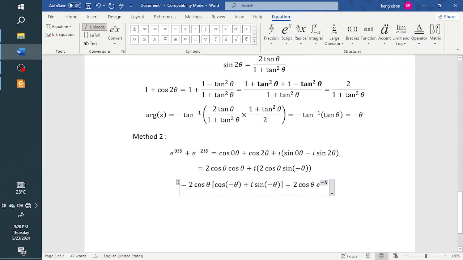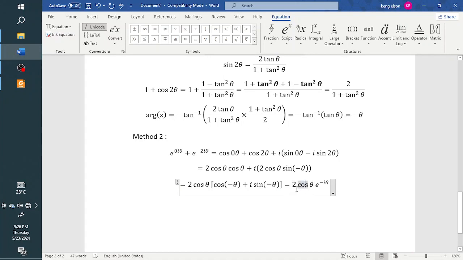Because remember, cos A plus i sin A is e raised to the power i A. So you see that the argument here is just negative theta, because the negative theta is here and here. The modulus, if you were asked, will be 2 cos theta, because it's just a real part.